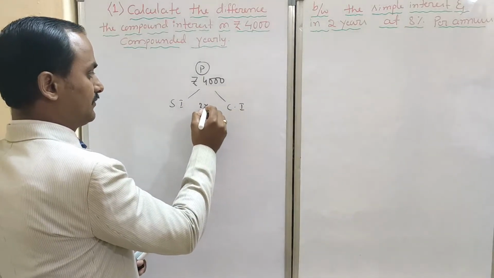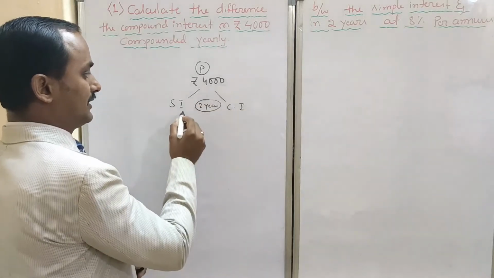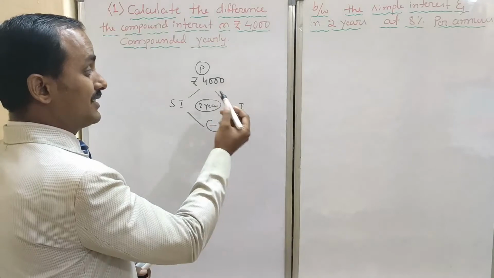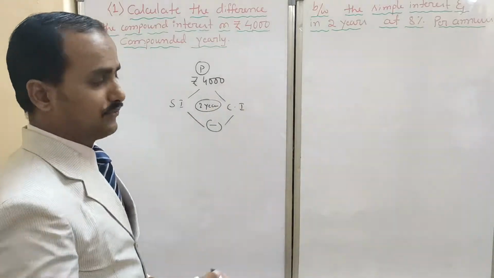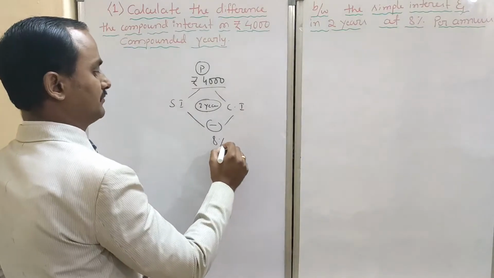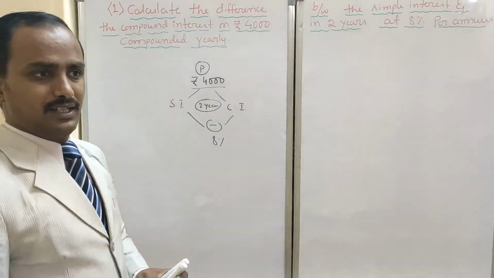What is the difference between them? See, look here, don't get confused. Here 4,000 rupees is the principal amount. Understanding? What is the difference between simple interest and compound interest for 4,000 rupees in 2 years at the rate of interest 8%? Understanding, dear children?